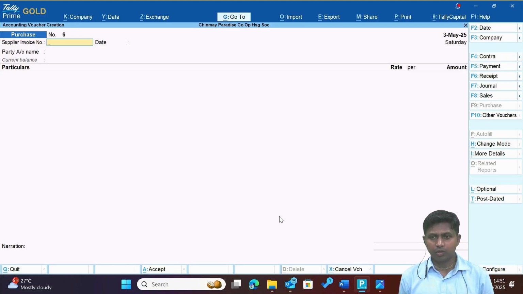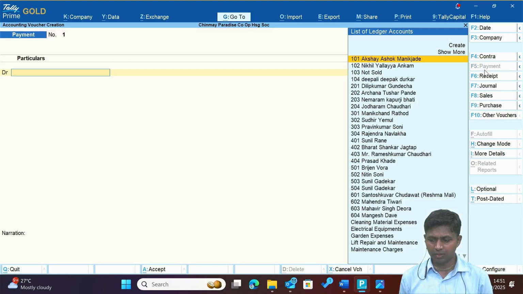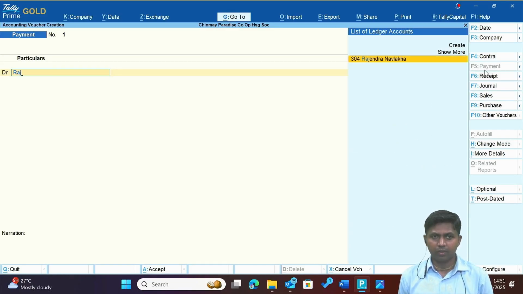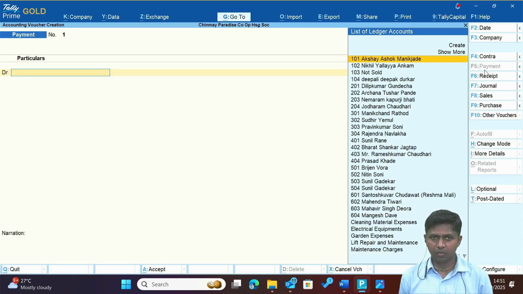we'll create an in-house voucher of the society. Correct, the payment voucher, in-house payment voucher. And then to create the in-house payment voucher, you must select payment. Correct. Now we are paying to Raj Kamble, but no need to directly pay to Raj Kamble.